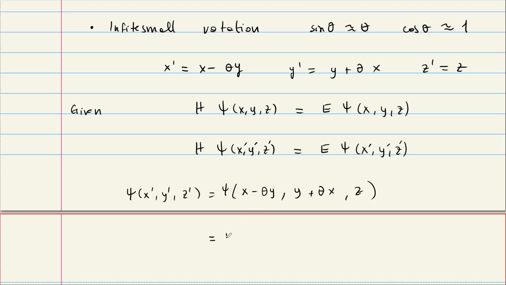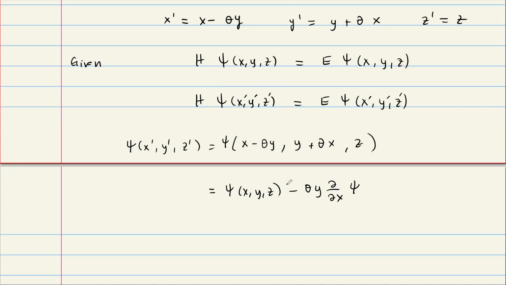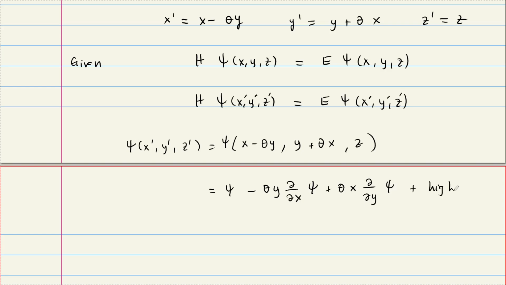So the lowest order is psi(x, y, z) plus first order here is minus theta y del over del x psi. Also, to avoid clutter, let me say whenever there is no argument, it is x, y, z, right? And the same thing here, plus theta x del over del y psi, and higher order. But for infinitesimal rotation, higher orders can be neglected.